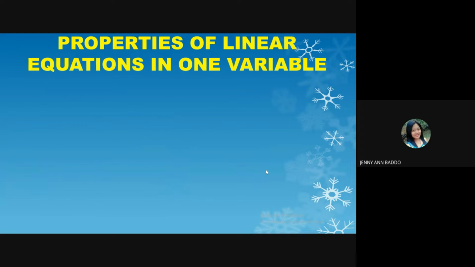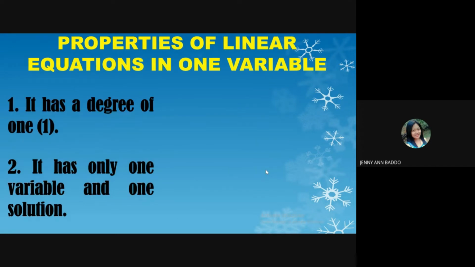Now, there are two properties of linear equations in one variable. First, it has a degree of 1. If you can still remember, when we say degree, it's the highest exponent of the variable, or the highest sum of the variables if there are two or more variables in a term.